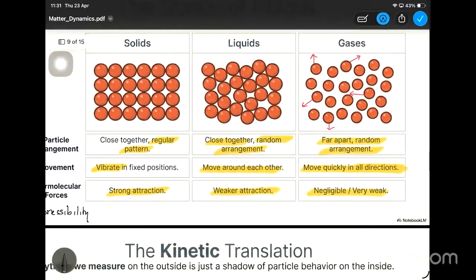So when you apply forces, these particles can come together. Therefore, the compressibility of gases will be higher. That is the highest value. For solids, they will have the least compressibility, and liquids will be somewhere at a medium value.